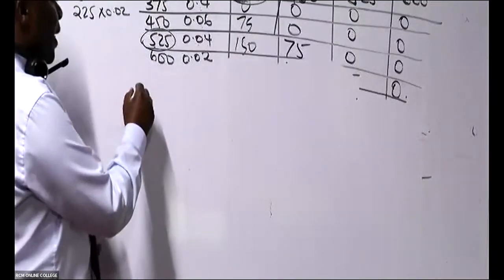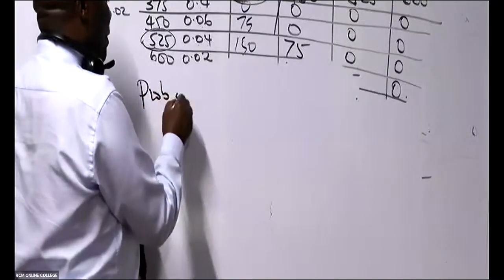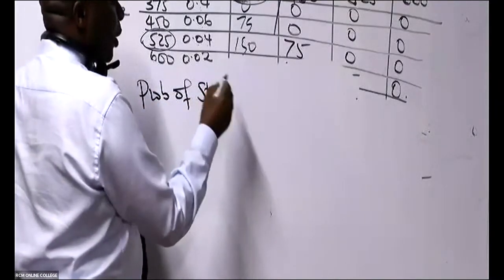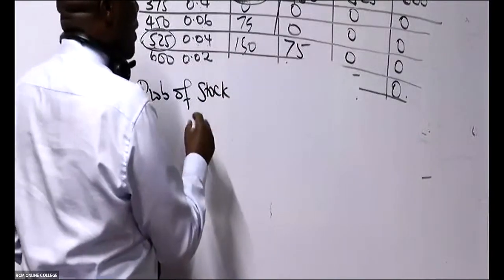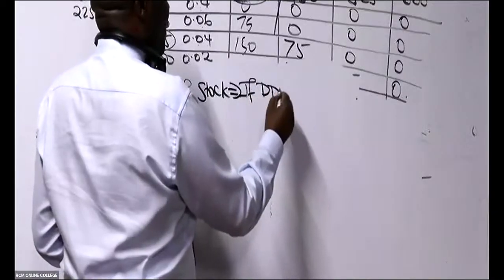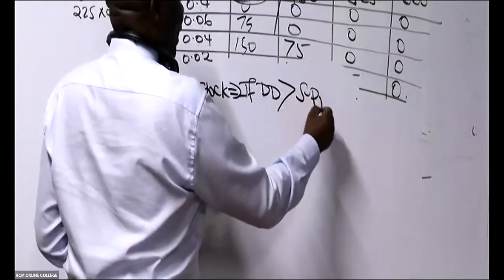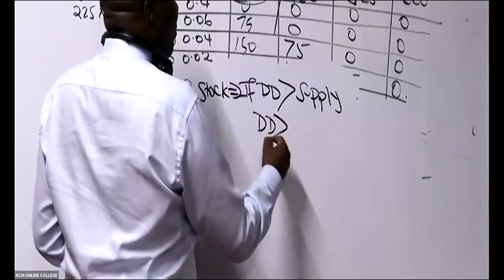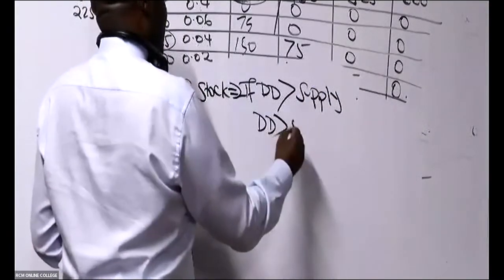In most cases, they will ask you for the probability of a stock out, the probability of running out of stocks. We can only run out of stocks if demand is more than what we have supplied, which is 525.